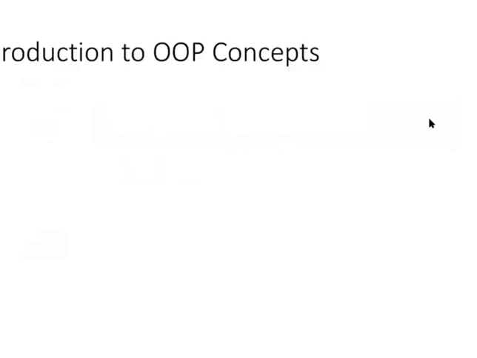So let's get started. What are the basic concepts of an object-oriented programming language? Before we come to the object-oriented programming concepts, let's start off with what is a program. A program consists of data and code.